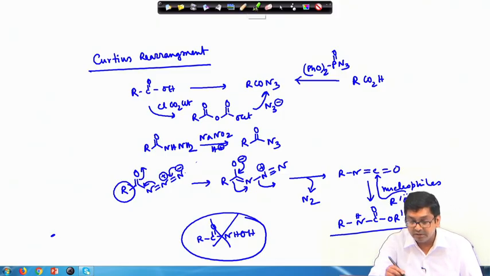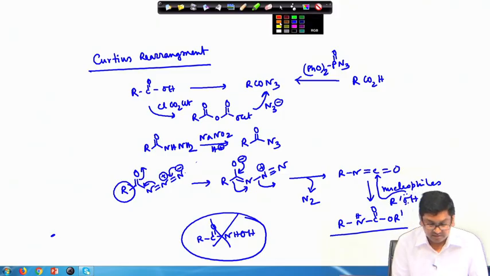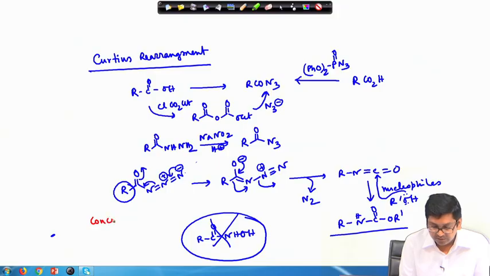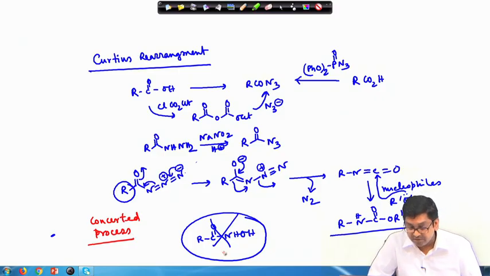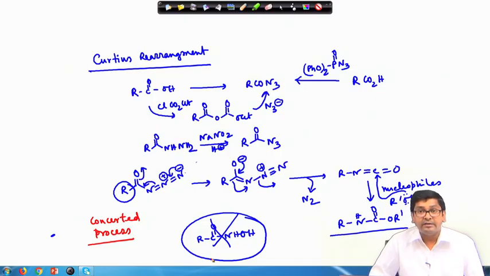So, overall we can say that the reaction is a concerted process, and that has been proved as there is no crossover experiment product and there is no formation of this RCONH-OH. That shows that these reactions are happening in a concerted manner.